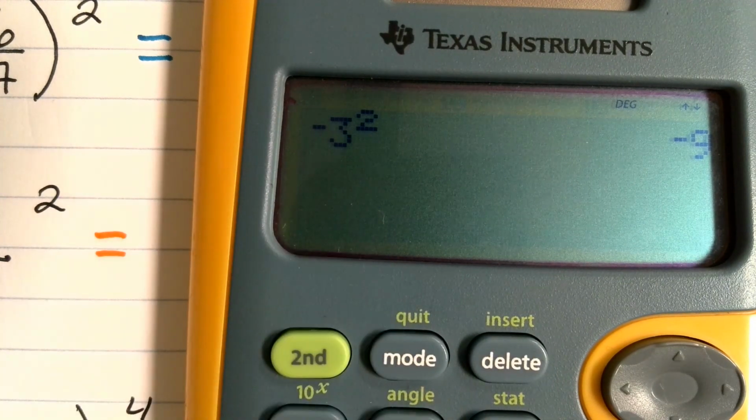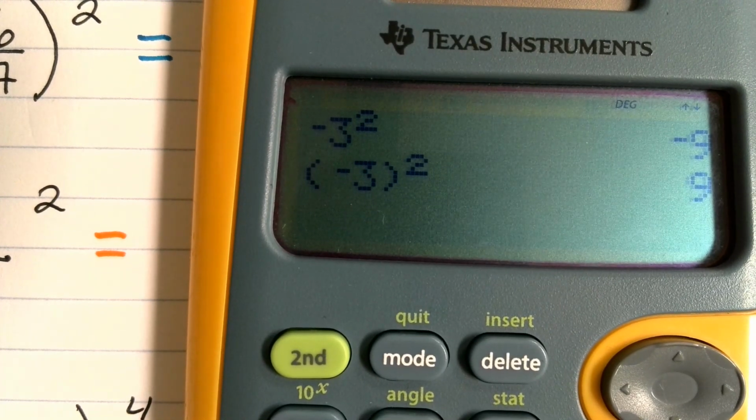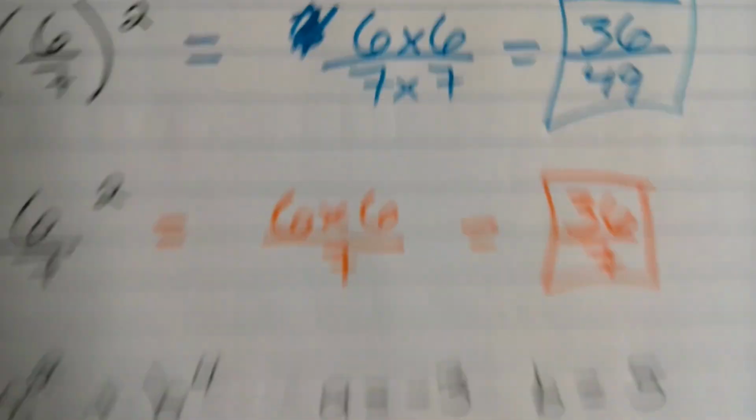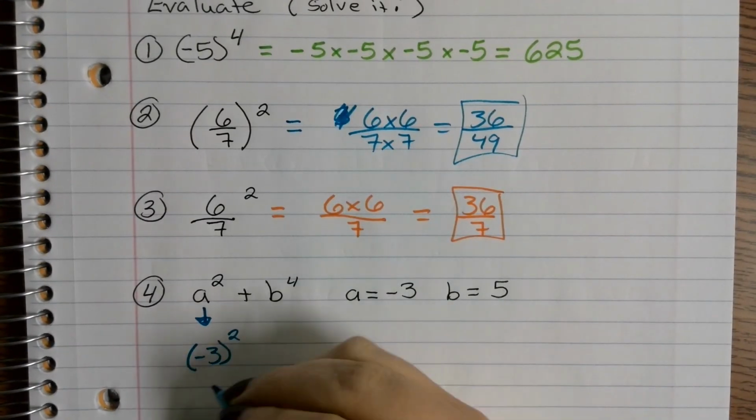Like I said, if you don't put parentheses around it, that exponent only belongs to the number and not the integer, okay? You have to put parentheses around the -3, then you can go ahead and do the exponent, okay? Now, -3 times -3 is going to give you a +9.